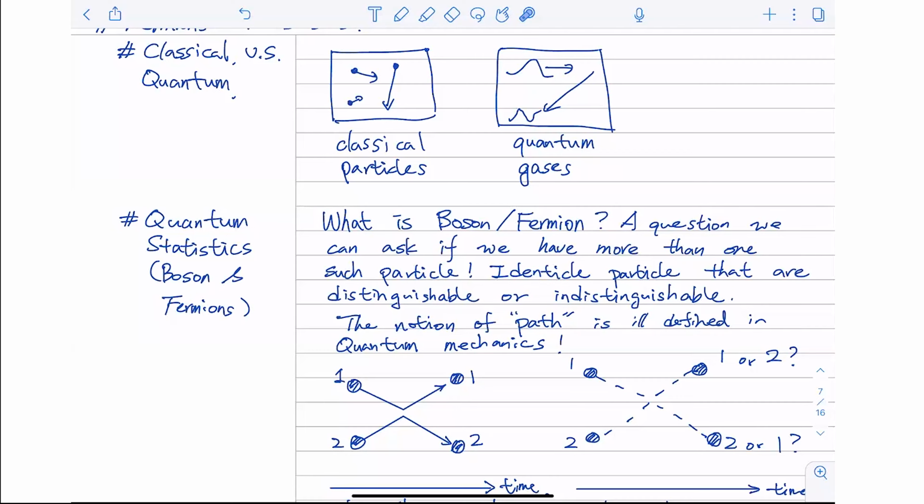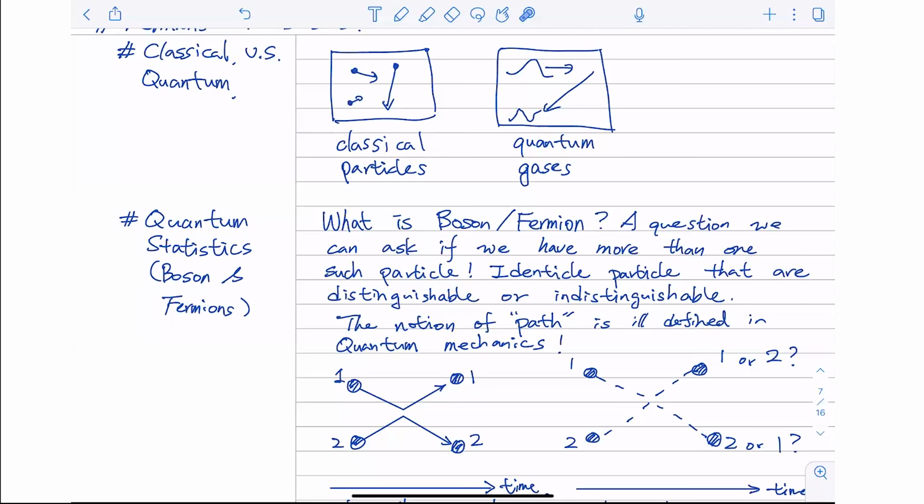For example, the charge of the particle or the mass of the particle are intrinsic properties of the particles. If I'm thinking about one electron and the other electron, they share the same charge and the same mass, so they are considered identical particles. And if I talk about protons, different protons have the same charge, and the mass of the protons are also identical.